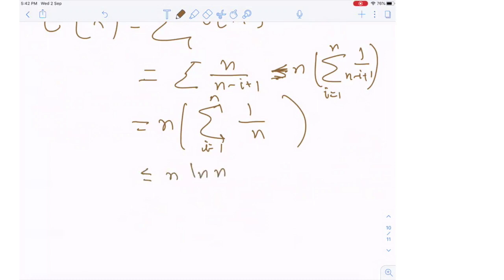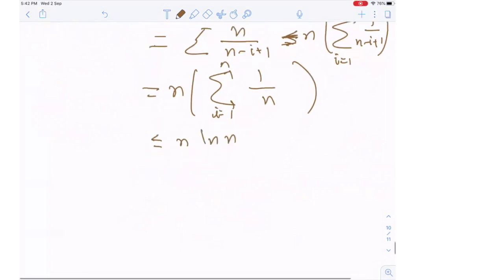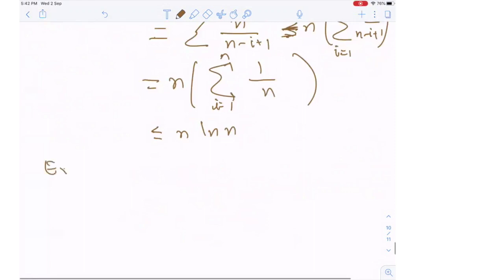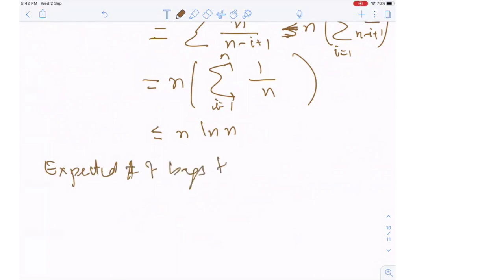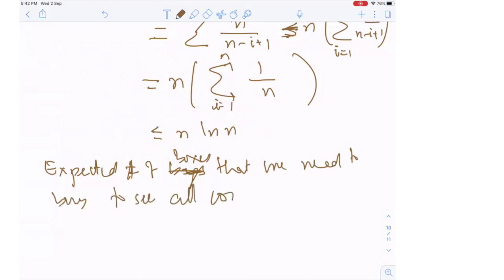Okay. So the expected number of boxes that we need to buy to see all coupons is about n ln n.